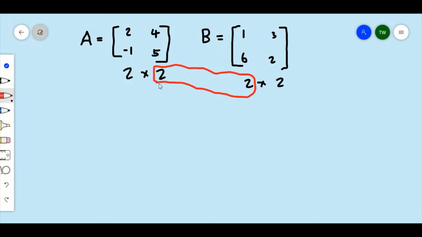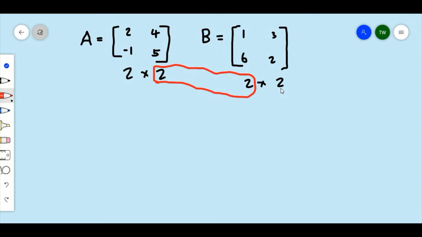So because the number of columns is equal to the number of rows, therefore these two matrices can be multiplied. Now after multiplying these two matrices, the resultant is going to be a 2 by 2 matrix. As you can see, the number of rows in the first matrix is the same as the number of columns in the second matrix, right?